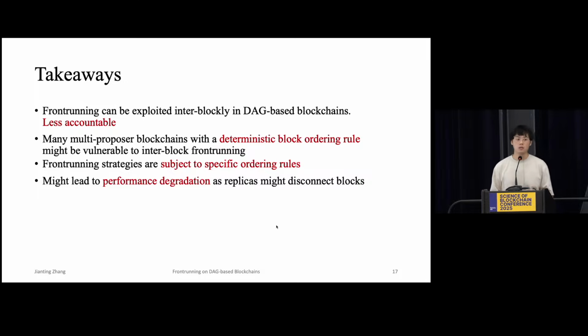By doing this, of course, the malicious replicas can get some benefits, but from the system performance side, if you exclude many blocks, then the throughput of the system will decrease a little bit.